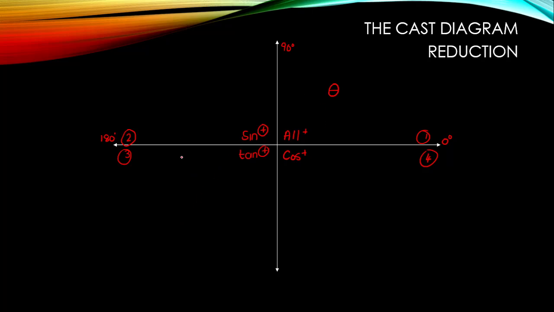Let's go look at the reduction angles across all the quadrants. So this one is 180 minus theta, 180 plus theta, and this is now a circle, so this is going to end on 360 in quadrant 4, and this is going to be 360 minus theta.